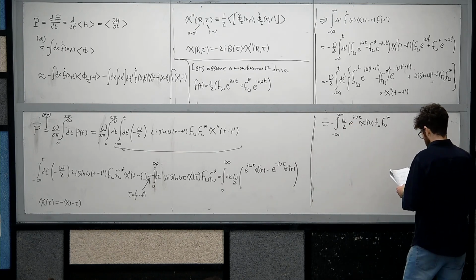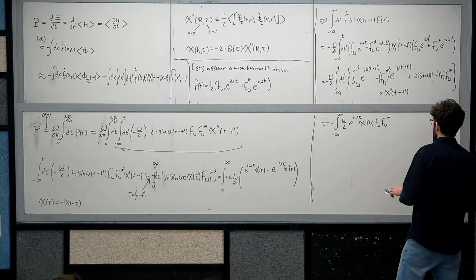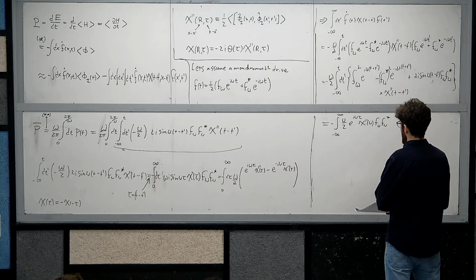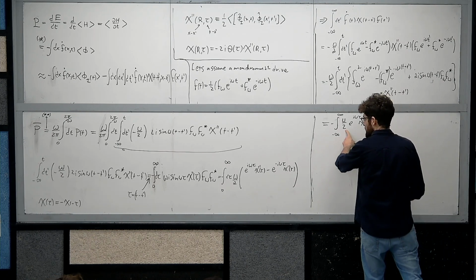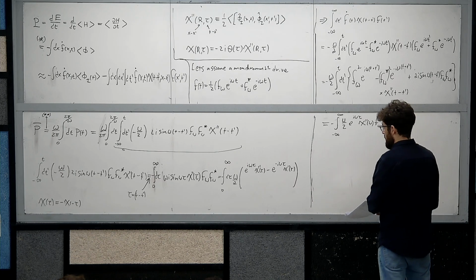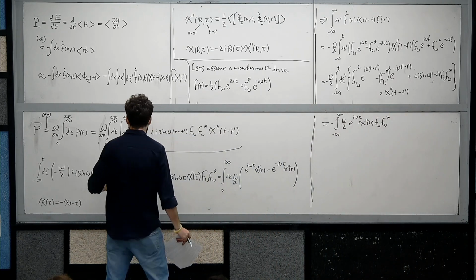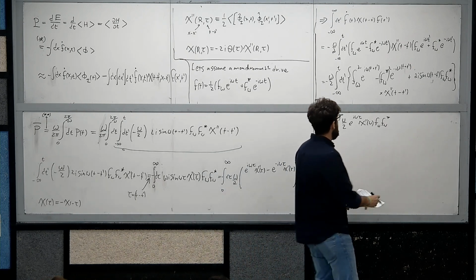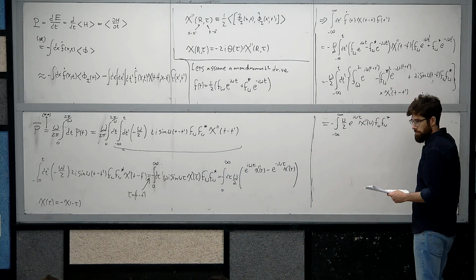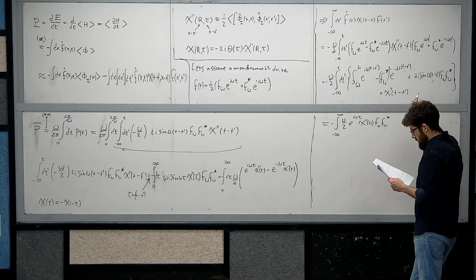Don't you have over 2 from the sign? Yeah, omega over 2. No, but this was already there. No, it wasn't, because I had a 2 because of the two terms. Okay.